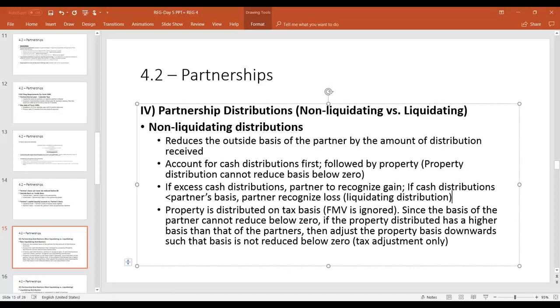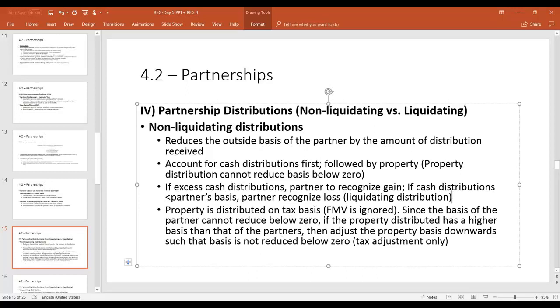Basically, distribution of property can never result in any recognition of gain or loss, nor can it reduce the partner's basis below zero. So then what do I do in that case, right? It says if the property distributed has a higher basis than that of the partner, then adjust the property basis downwards such that the partner's basis is not reduced below zero.